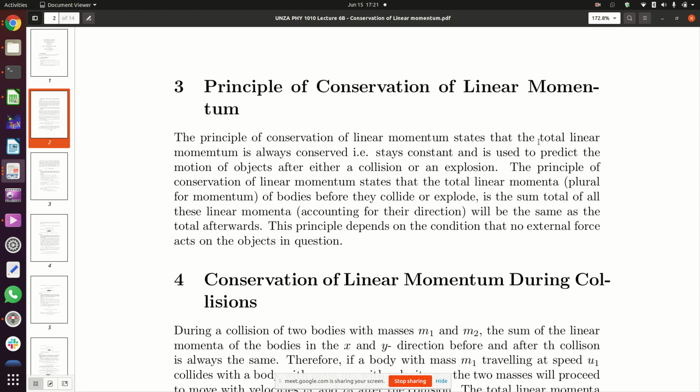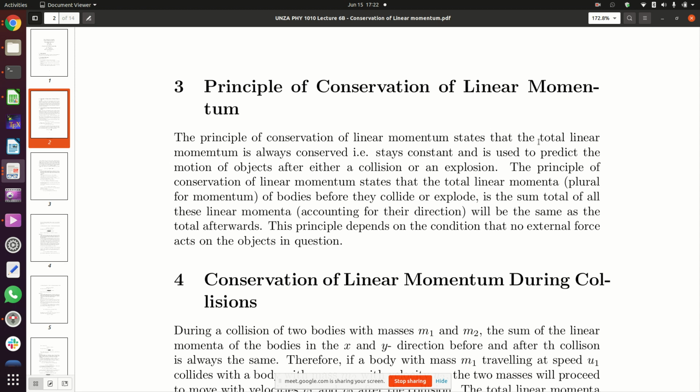The same applies with an explosion. When someone plants a bomb, that bomb, whatever it is, has a certain mass, but it has velocity equal to 0. So basically, it does not have any linear momentum.